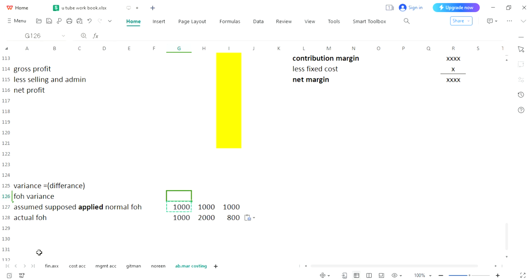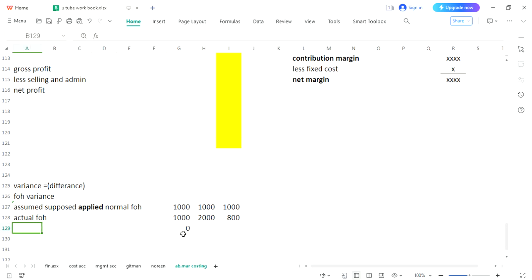Now here please understand, when you have supposed that the amount of expense would be 1000 and the actual amount you have spent is 1000, would there be any difference? You will say no, there is no difference. So there will be a zero.